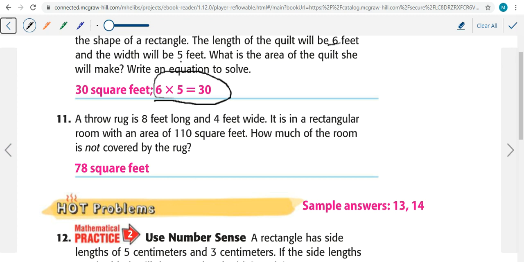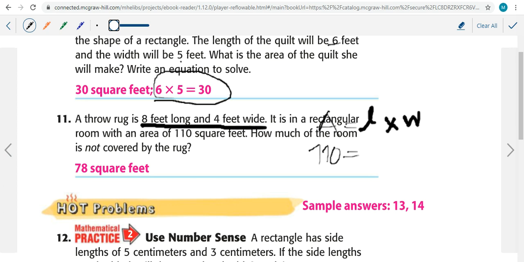Now, the area is 110, right? Remember, the area is equal to length times width. But we know that the area that is covered is 32.